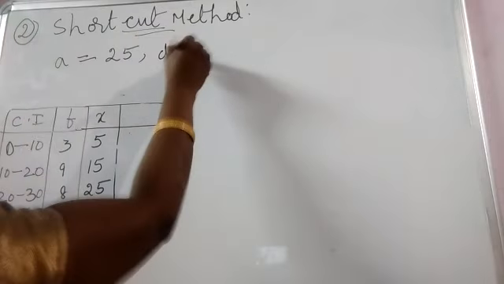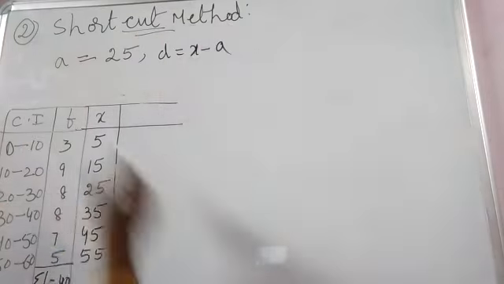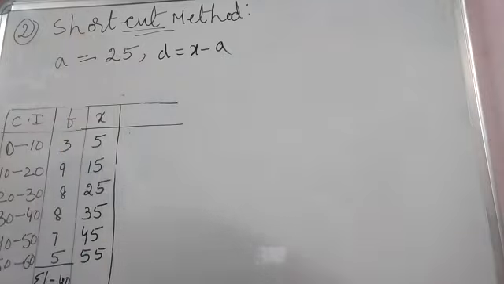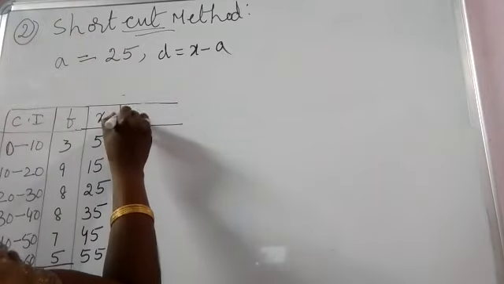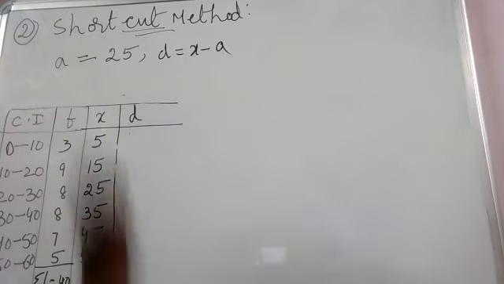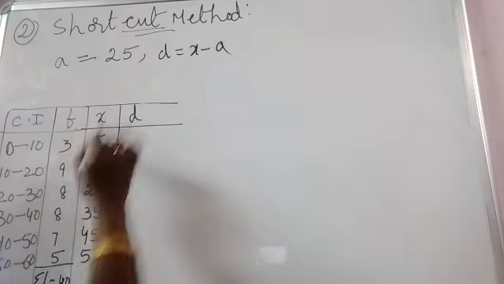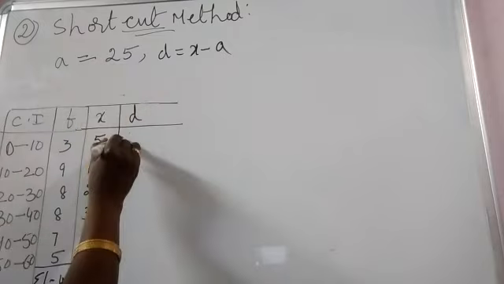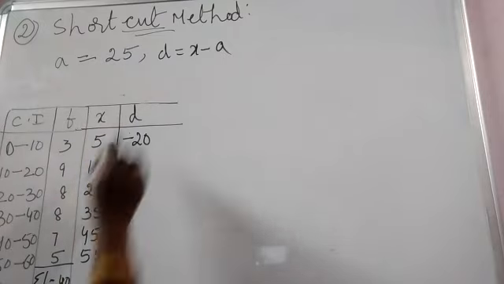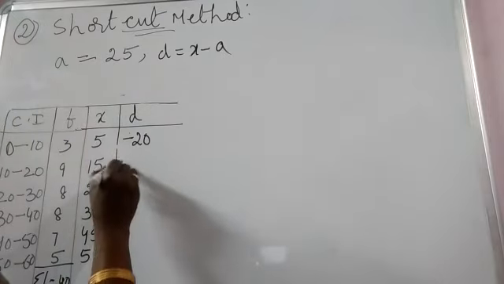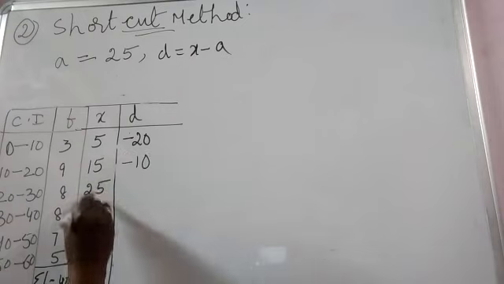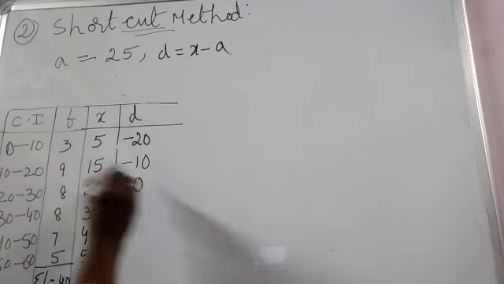Deviation is x minus a. For each class interval you have to find. So here x is 5, minus 25 is minus 20. Here 15 minus 25 is minus 10. 25 minus 25 is 0.